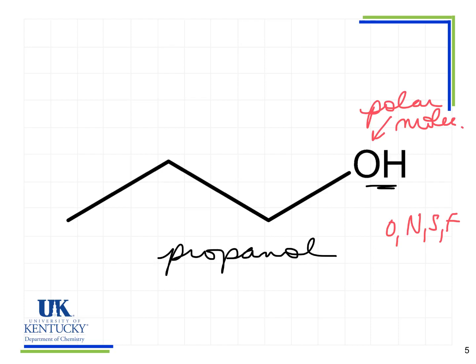So I'm going to go through that list of the different types of intermolecular forces we can see and see which ones are actually happening in this particular molecule. Now we know that we're going to have dispersion forces because everybody gets dispersion forces. Nobody's left out of that because everybody's got electrons. So all our molecules have dispersion forces.